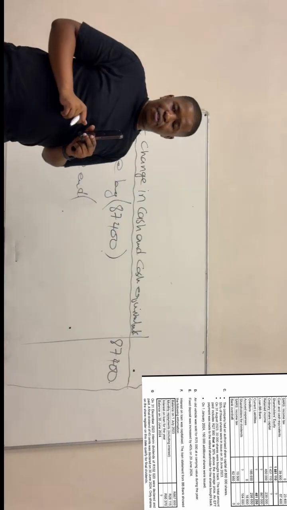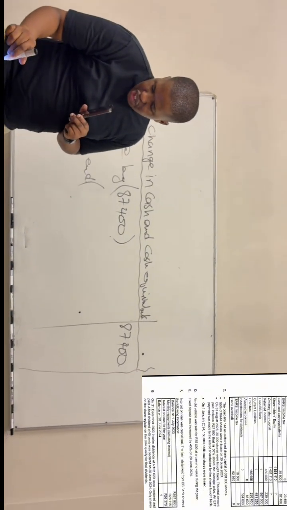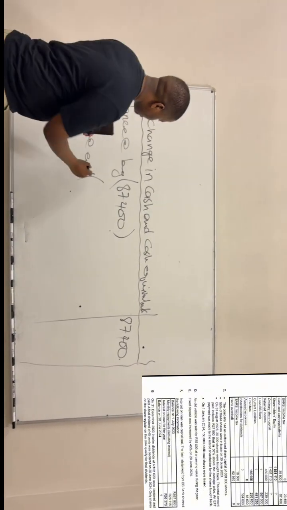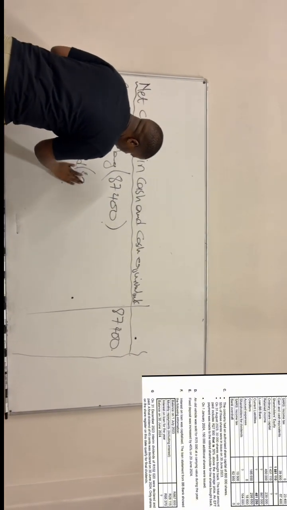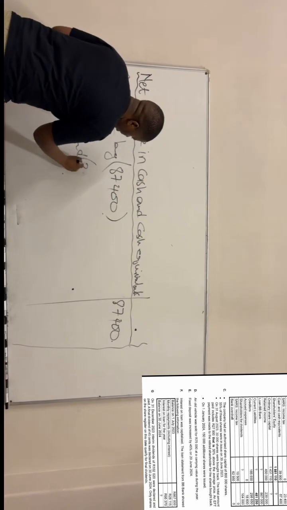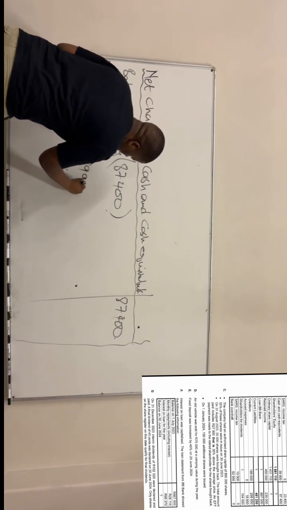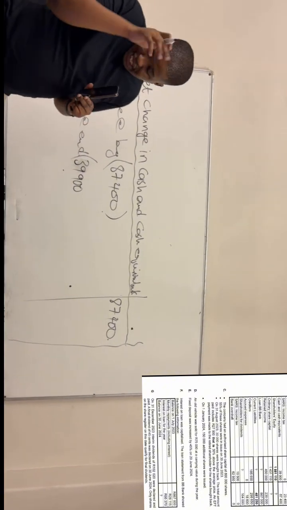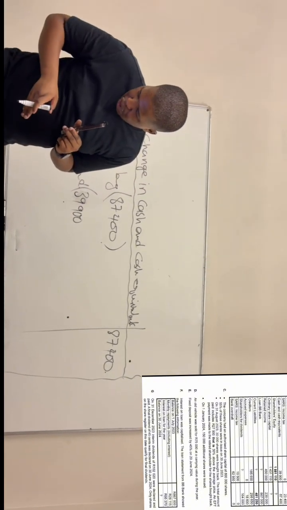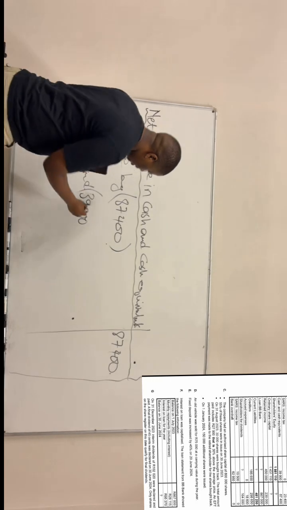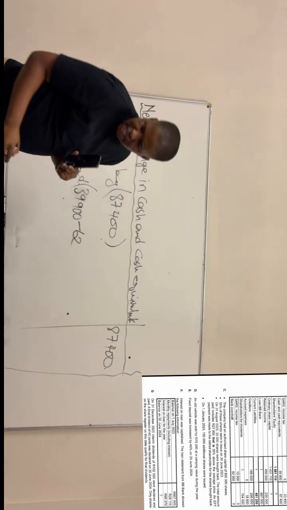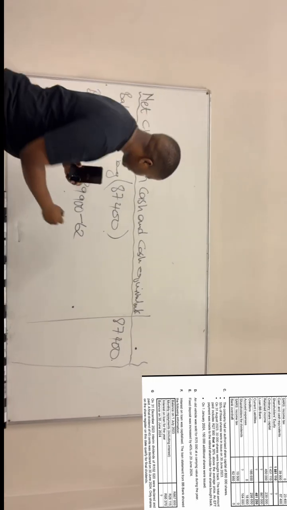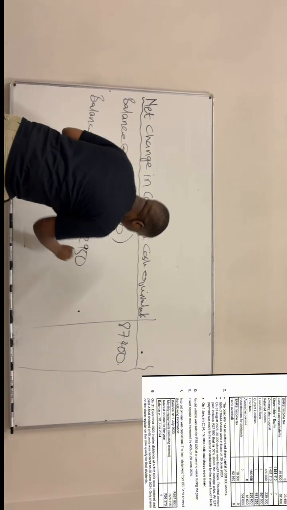Go to 2024. How much do we have as cash and cash equivalents in 2024? We have 39,900. Still under 2024, do you have a bank or bank overdraft? We have a bank overdraft of 62,950.